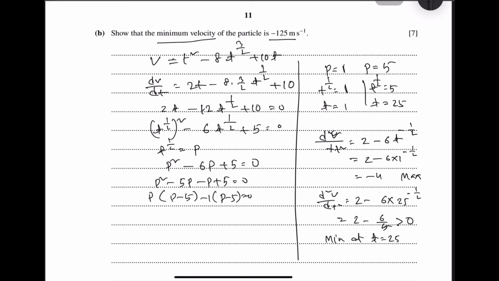Now we need to find the minimum velocity. That means t square minus 8 t to the power 3 by 2 plus 10 t.